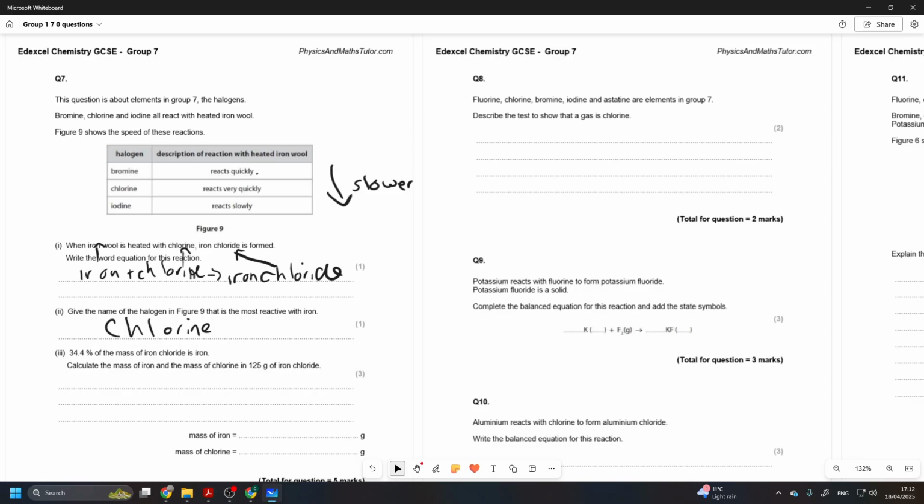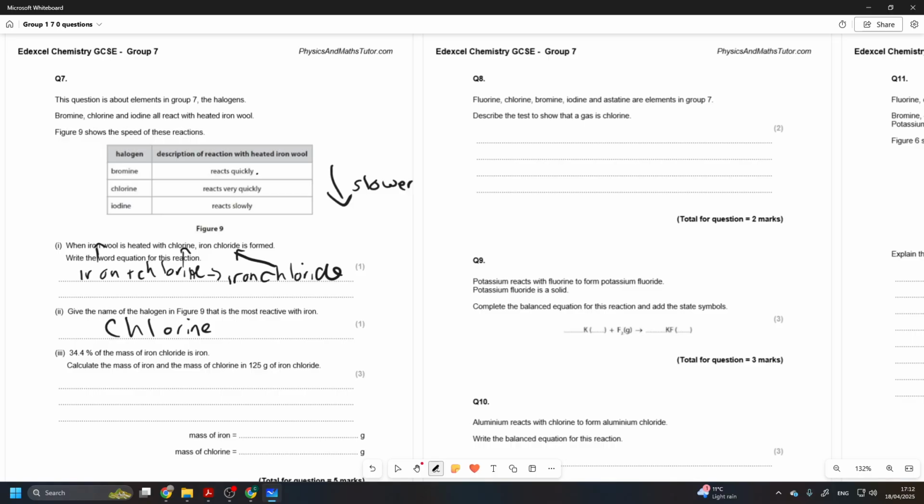Now, it says 34.4% of the mass of iron chloride is iron. Calculate the mass of iron and the mass of chlorine in 125 grams of iron chloride. So basically, if 34% of it is iron, can we work out how much 34% of this is?